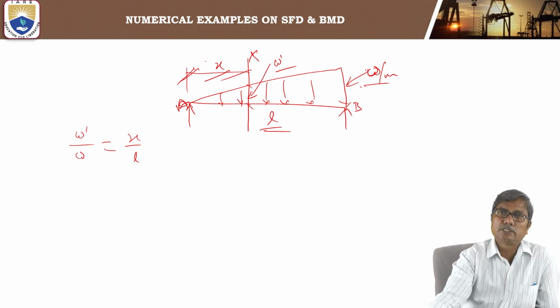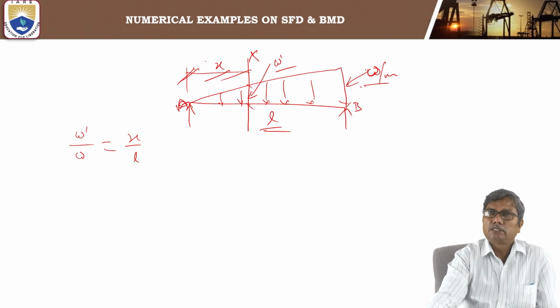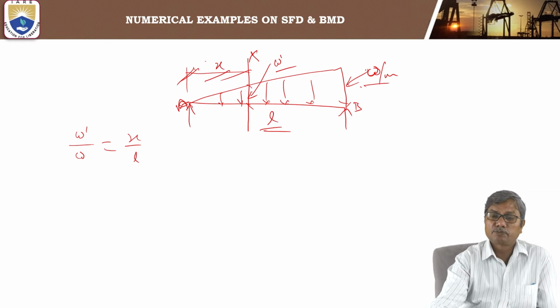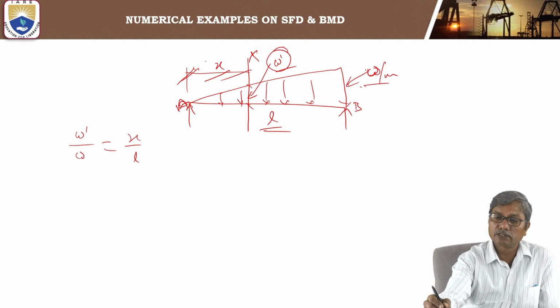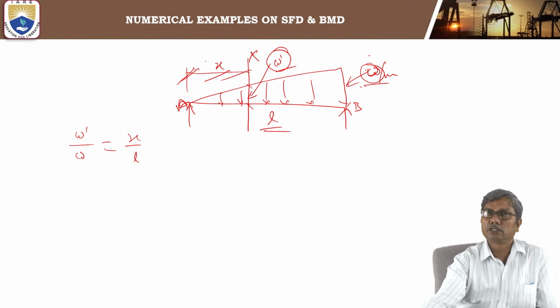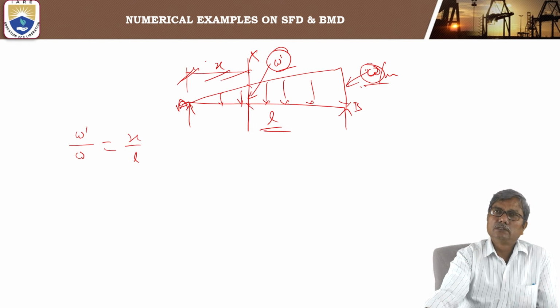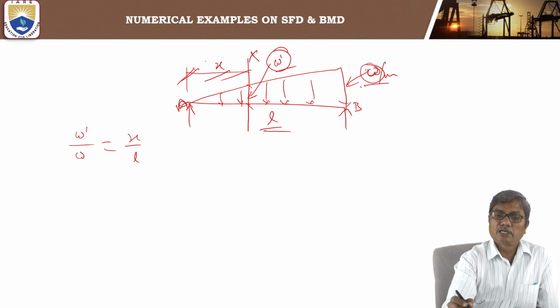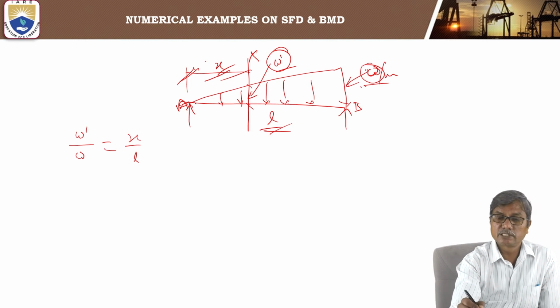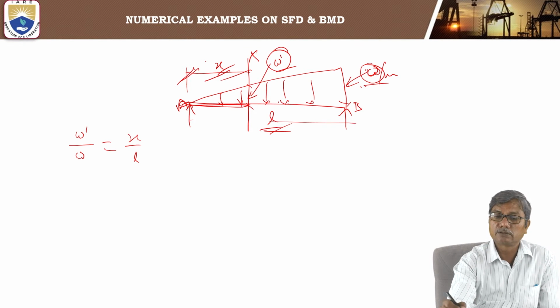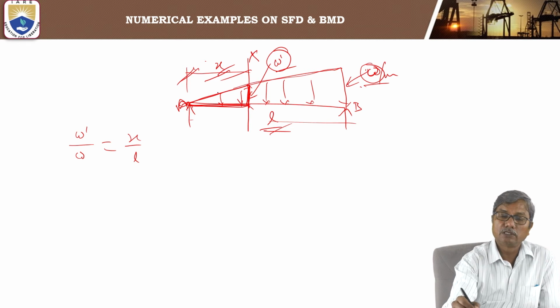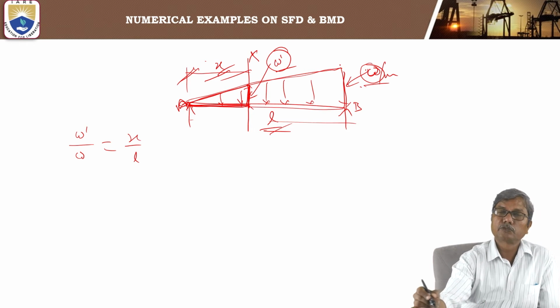If two triangles are similar, then the ratios of the corresponding sides are equal. Corresponding sides means here W dash and W are corresponding sides. Similarly, x and L are corresponding sides. x is this length and L is this length. Here this triangle and this triangle are similar.